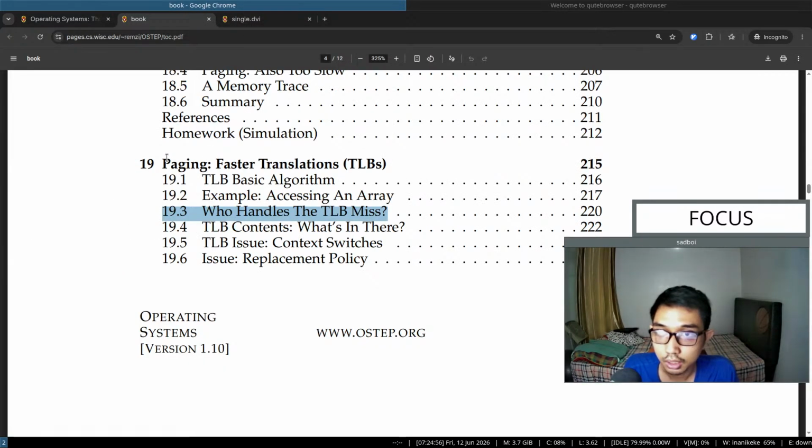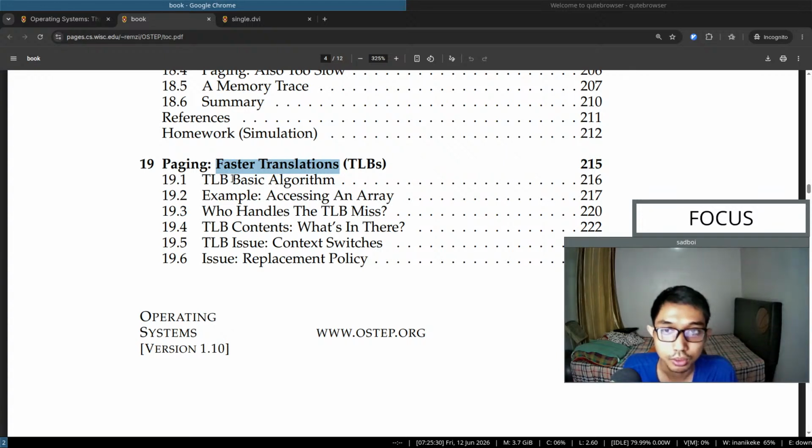And currently I am on chapter 19, basically learning about the paging mechanism for memory management with the translation lookaside buffer, that can make the translation between virtual address and physical address faster.